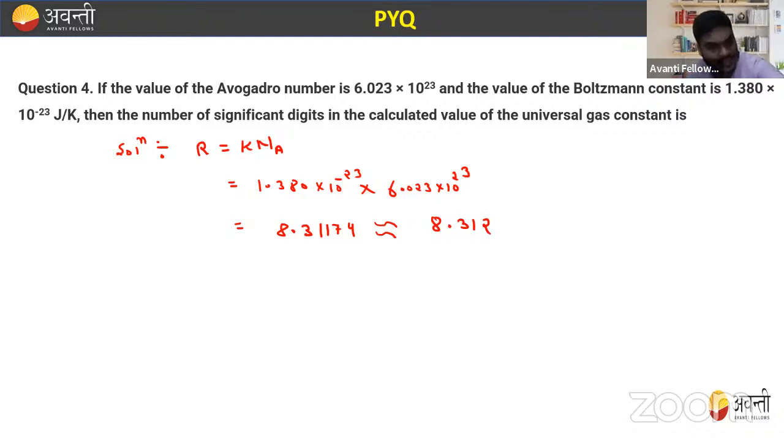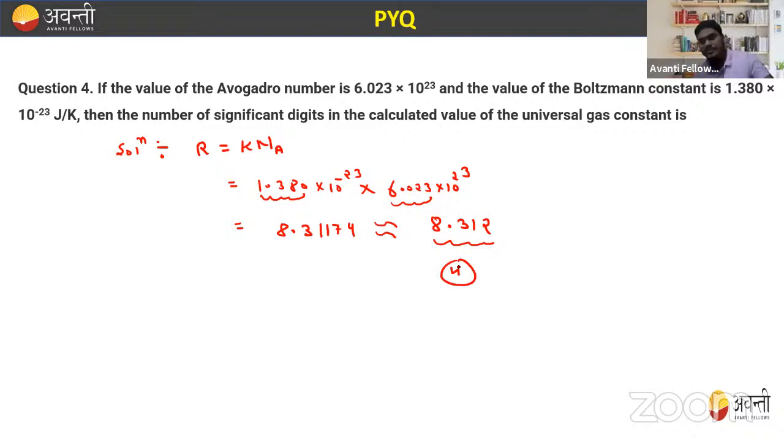Since k and Na both have 4 significant figures, the value of R is also rounded off to 4 significant figures. That's why we round off this to 4 significant figures. So the number of significant figures is nothing but 4.